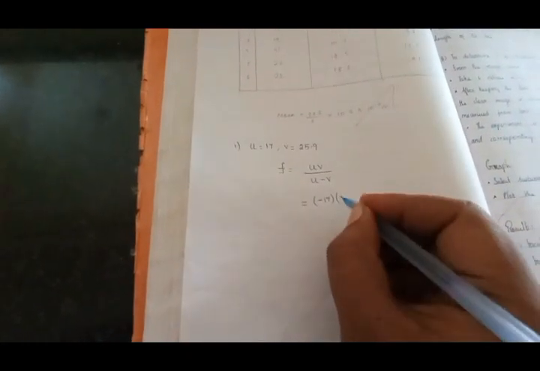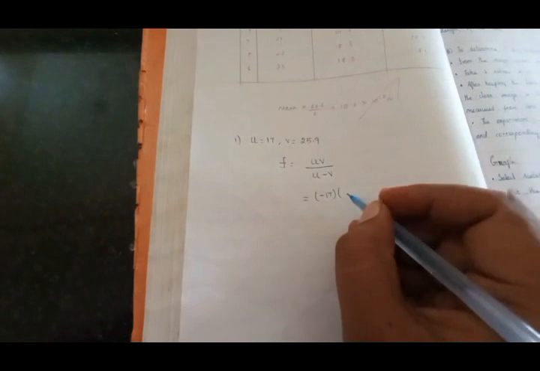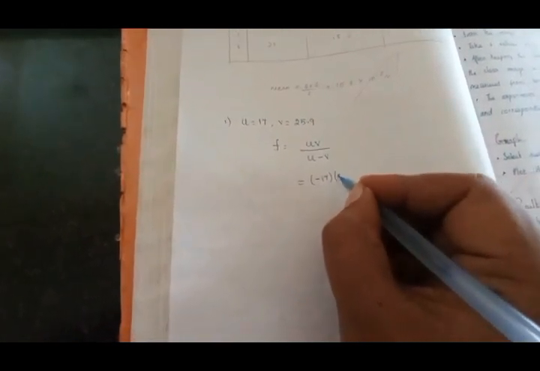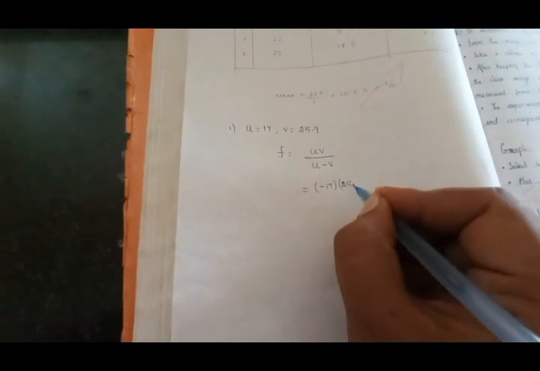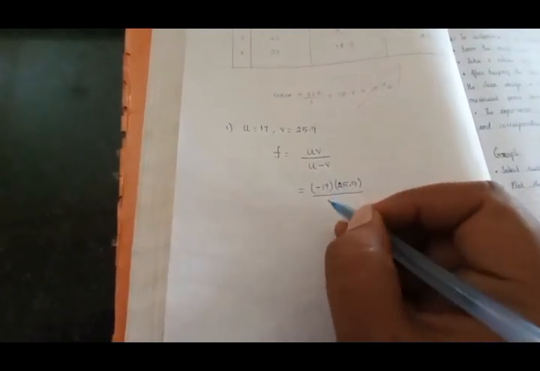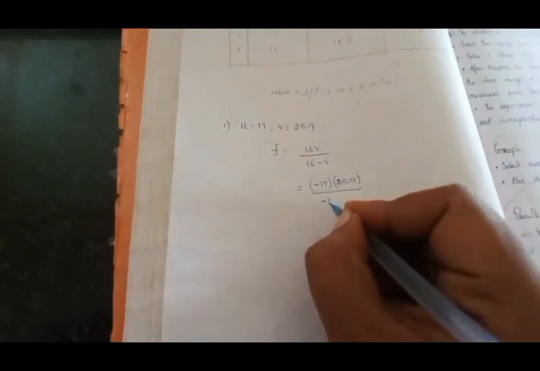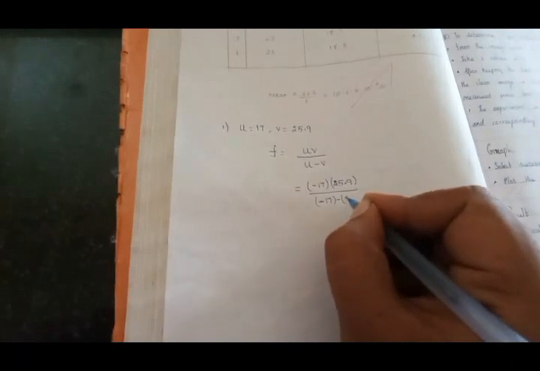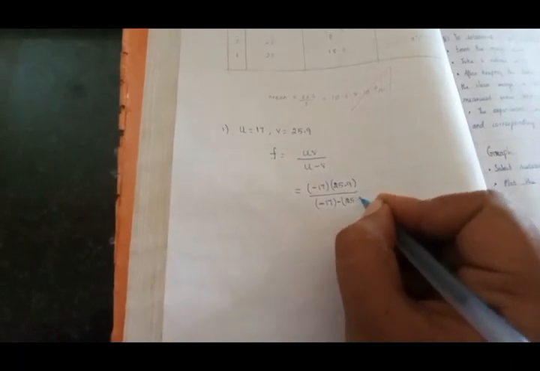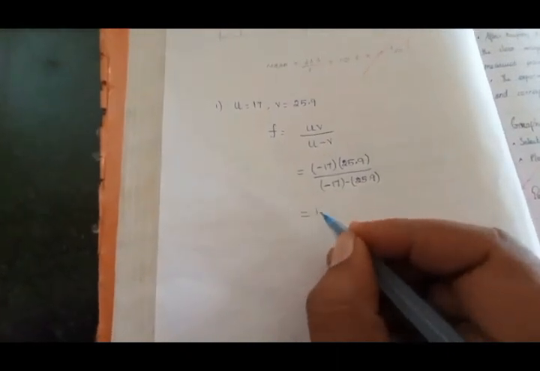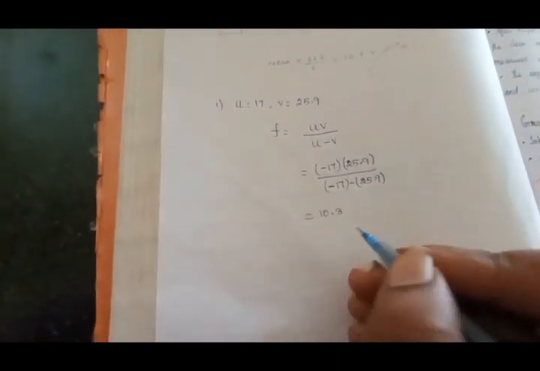V will be on the positive side, because in a convex lens the image forms on the right hand side. Therefore that has to be written as positive. So 25.9 divided by U, again negative, therefore minus 17 minus 25.9. If you do this calculation, you will receive the focal length as 10.3.